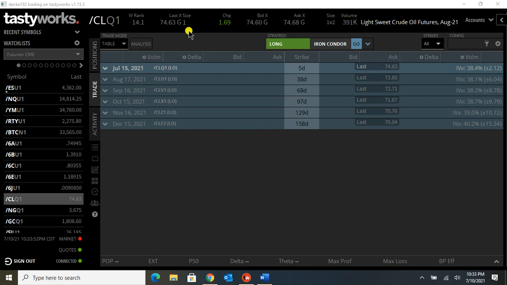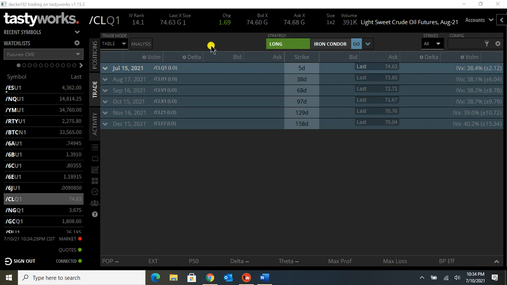Tick is a fancy word for basically the smallest interval that the future contract can move. So crude oil is very similar to stock in that crude oil moves 1 penny at a time. So one tick is 0.01. And because the multiplier I mentioned earlier is 1,000, one tick will move your profit and loss by $10 at a time. So for every 1 penny move, your profit and loss will move by $10.